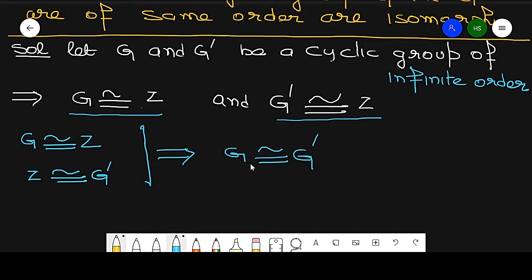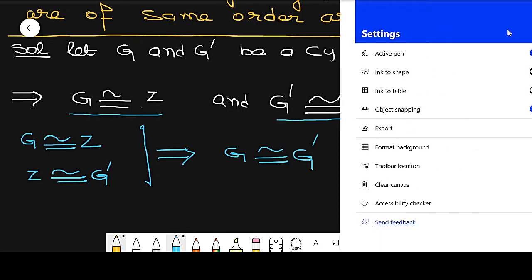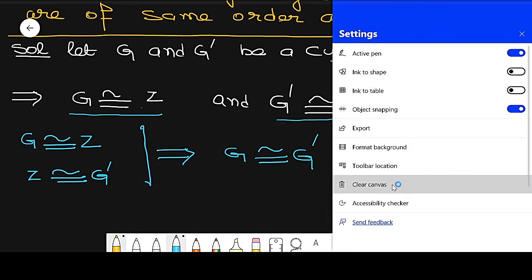So in this case, any two cyclic groups of infinite order are isomorphic. So in this way, we can prove this result. This is a very important result and related to the previous question.